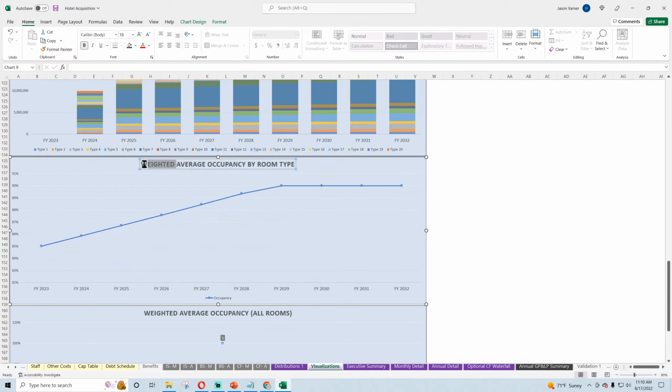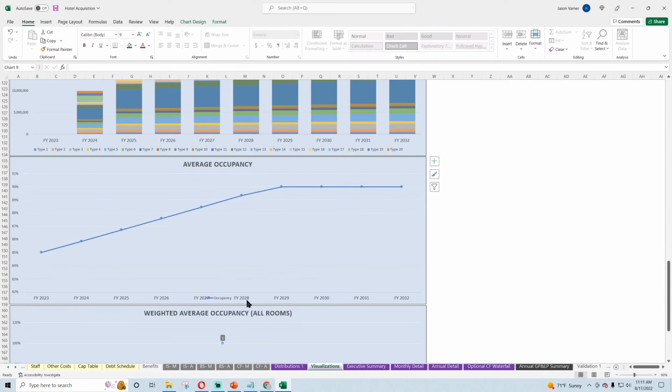And this is not weighted, it's just average occupancy. Clear this. Okay. So we go up to, and then we hit stabilize.